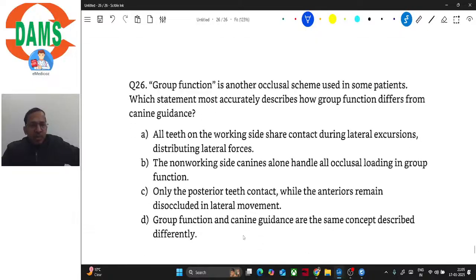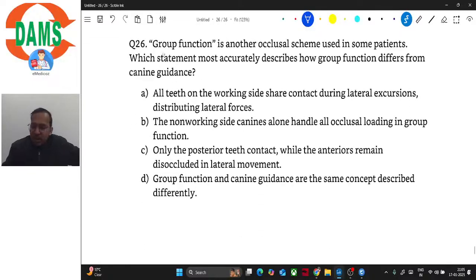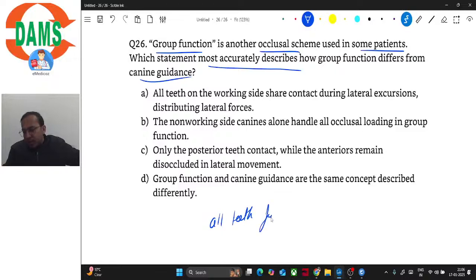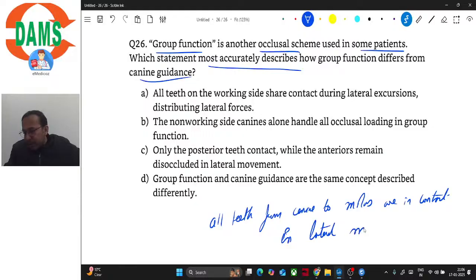Now, the last question for today: group function is another occlusal scheme used in some patients. Which statement most accurately describes how group function differs from canine guidance? What happens in group function is that all the teeth from canine to molars are in contact in lateral movement.